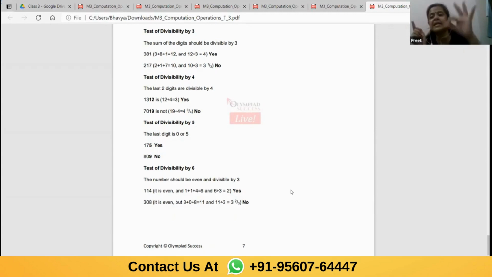If ones place is 0 or 5, then yes, that number is divisible by 5. And to check whether a number is divisible by 6 or not, that number should be divisible by both 2 and 3. If one number is divisible by 2 also and by 3 also, then that number is divisible by 6 also. Simple ho gaya?